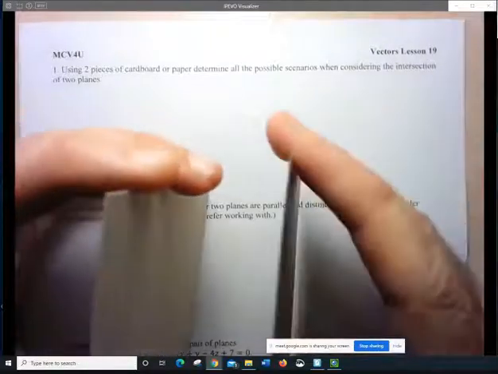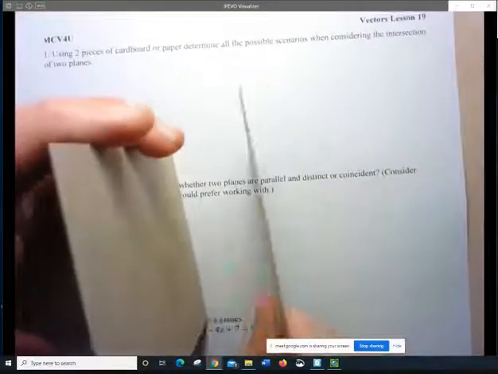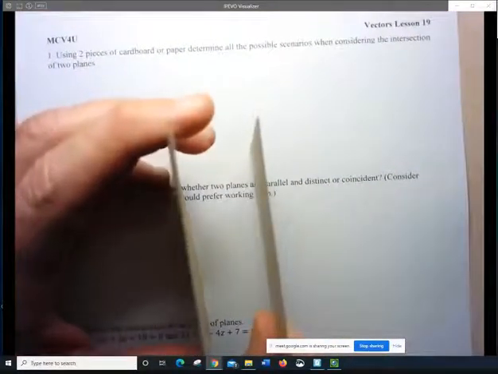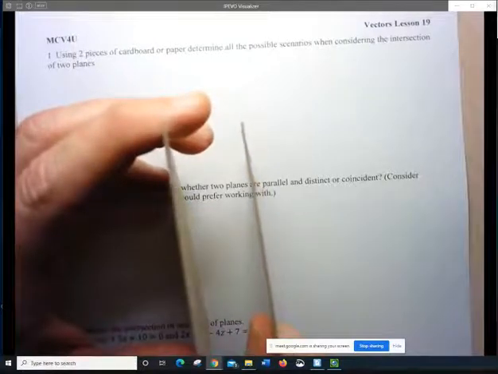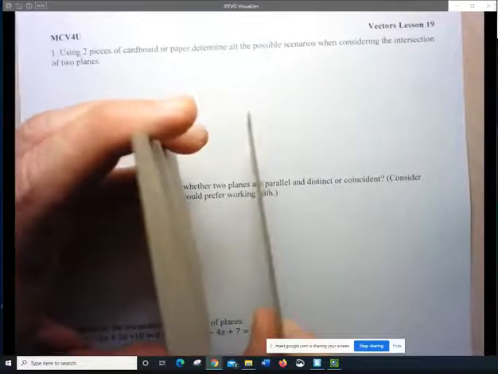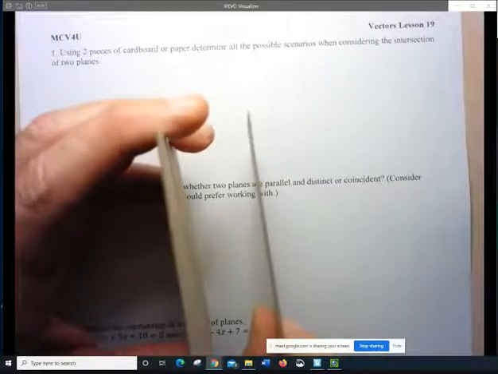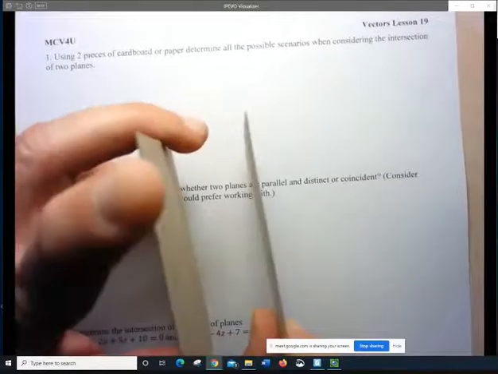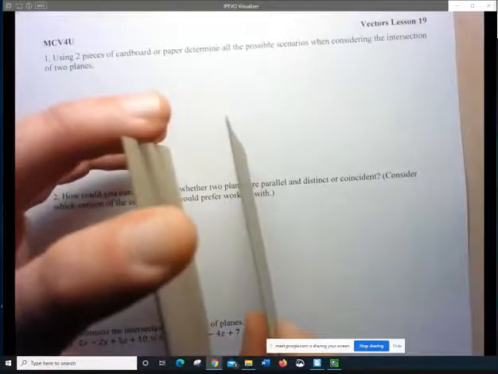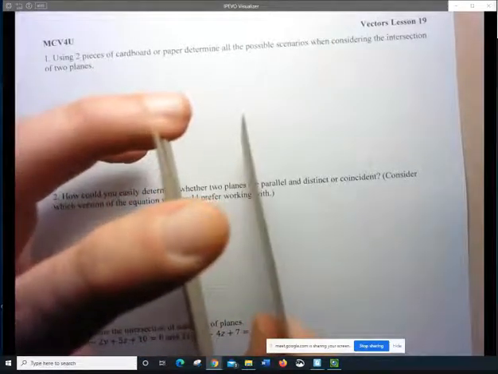So I can definitely have two planes that are parallel, and I guess they're parallel and distinct. It looks like they're never going to touch each other. So even if we extend these to infinity in either direction, we're not going to have any points of intersection.